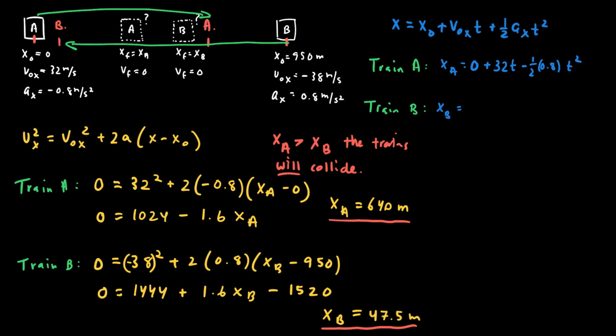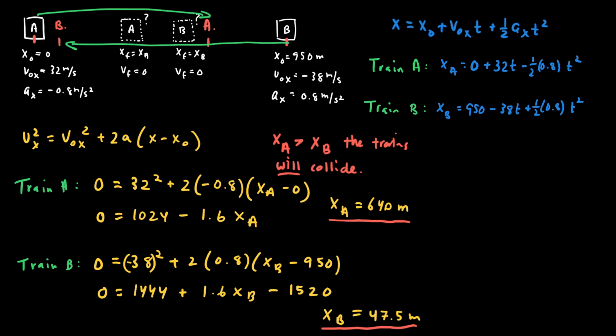And for train B, the initial position was 950. The initial velocity was negative because train B was initially moving to the left, so minus 38t. And the acceleration was positive, so plus 1/2 0.8 times t squared.